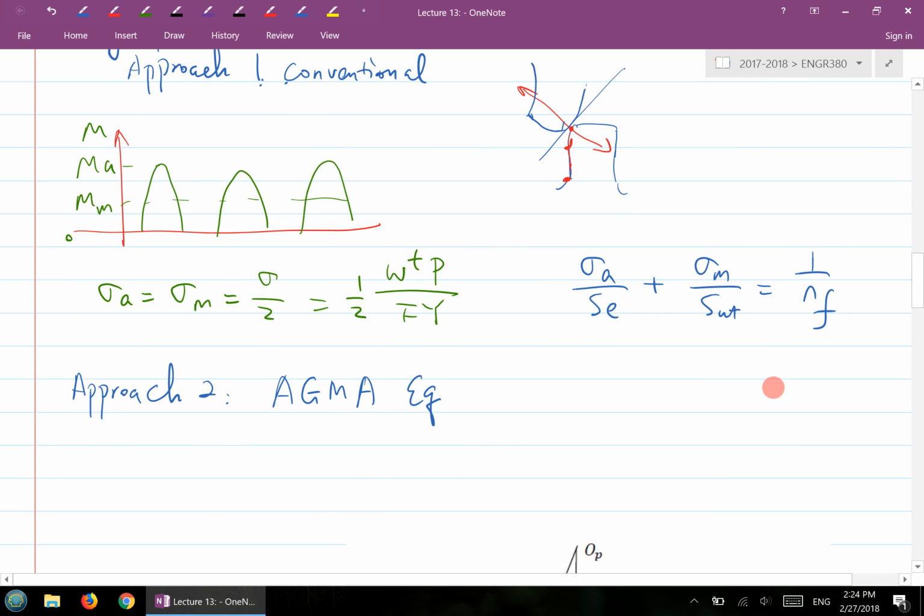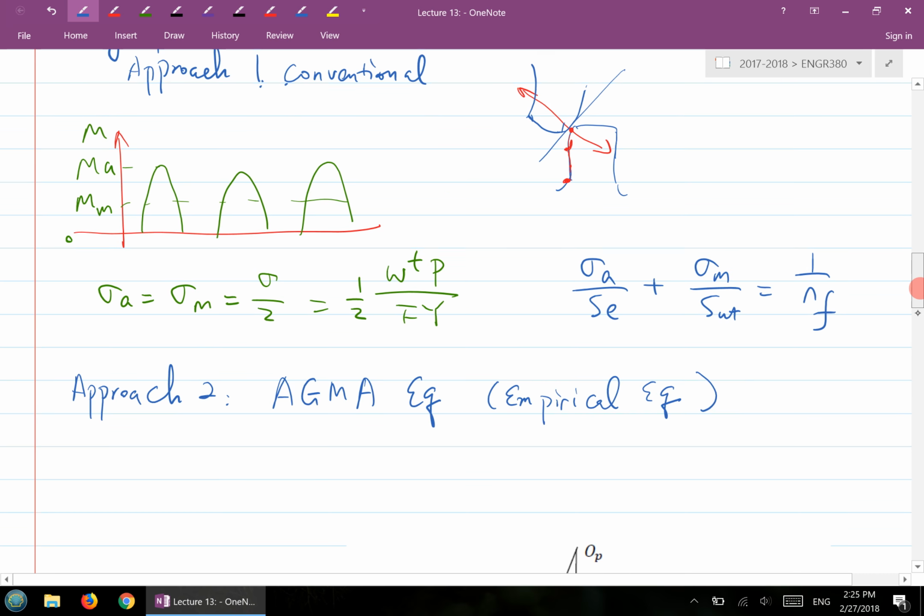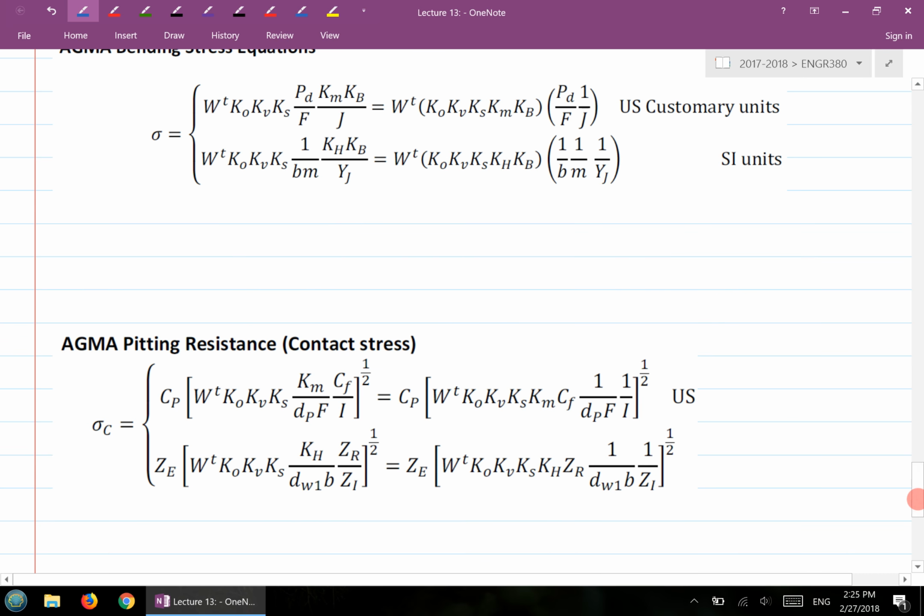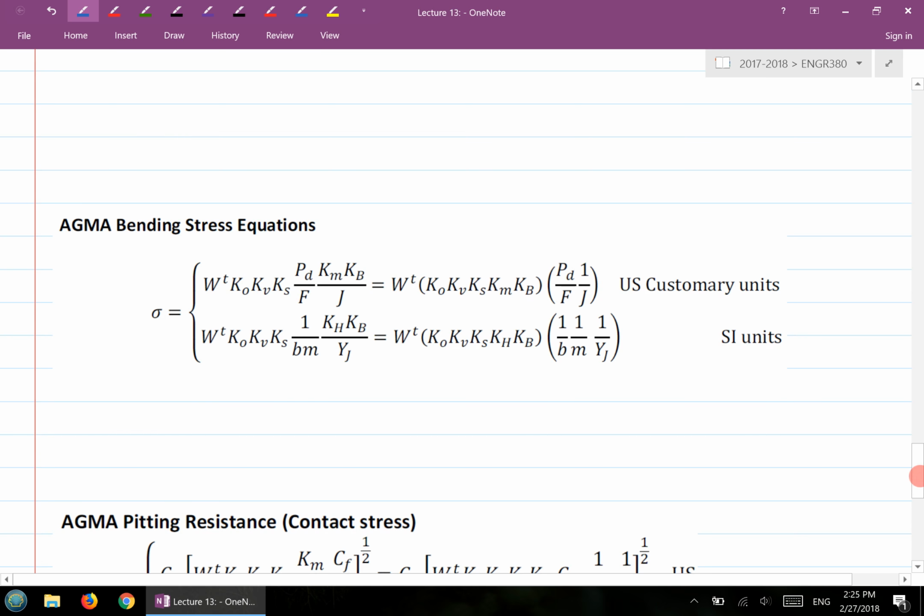Now this equation is an empirical equation. So we're going to use this one for our design. I'm not going to dive into the AGMA equation yet, but bottom line is you have the handout right here. So this is the AGMA equation in your handout.